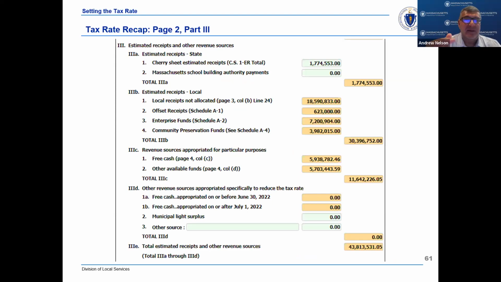This is the middle of page 2. This is everything we have available to us. So the first number is the cherry sheet number. We had looked at that a few minutes ago when we were looking at the offsets. The state is providing us $1.7 million of revenue. Line 2 is that old school building authority money. That's the old system.